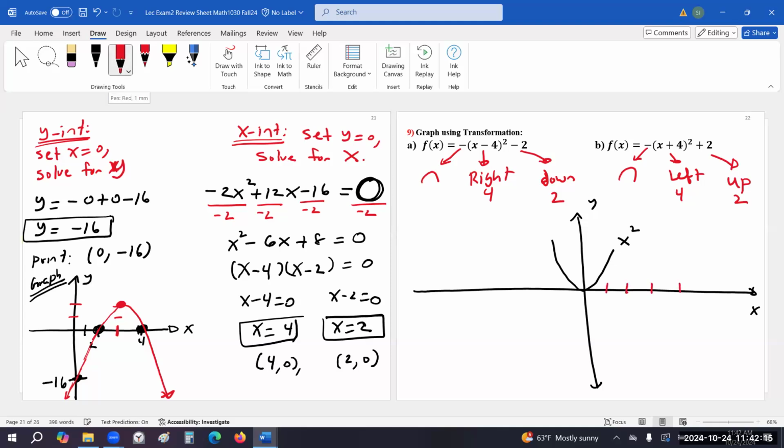Go right 4 and down 2, and then draw a reflected parabola. So this is A. B says go left 4: 1, 2, 3, 4, and then go up to here. But you're still doing a reflected parabola. So I drew all three on the same plane.